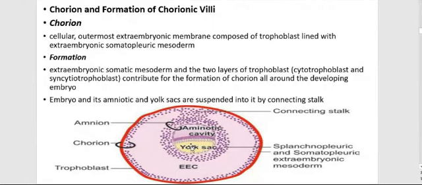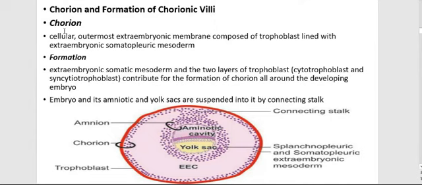So don't forget: the extra-embryonic mesoderm lining the yolk sac is the splanchnopleric, and the one lining the amniotic cavity and the internal surface of the cytotrophoblast is the somatopleric extra-embryonic mesoderm.